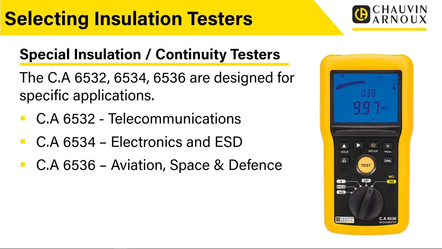I'm told that's specific to particular aviation, space or defense applications where we need to carry out testing, and it needs to be reliable and exactly at a specific voltage every time. Again, that's a very specific product, but if you are in that industry and you need that requirement, we have got a product that fits.